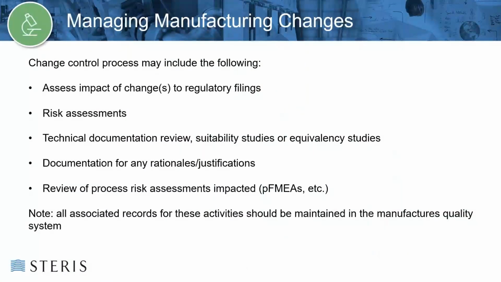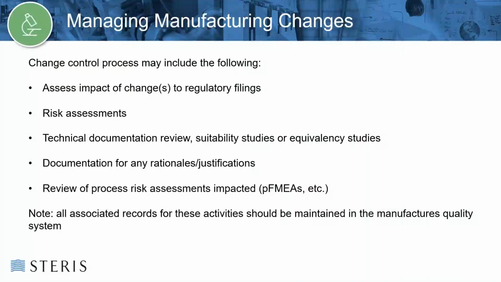As part of this change control process, the following items may be included: an assessment of the impact of the change to any regulatory filings. There may also be a review or comparison of technical documentation, suitability studies, and/or equivalency studies performed as part of planning or impact assessment of the change.